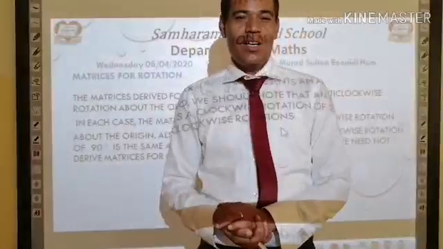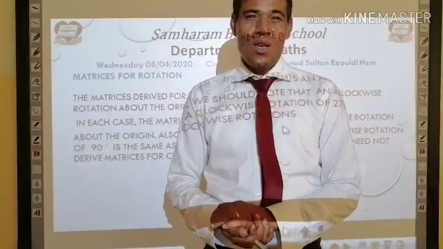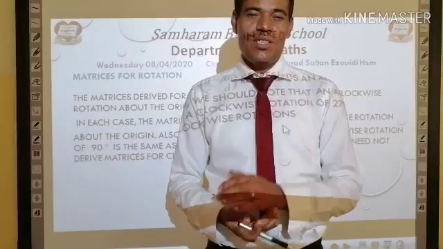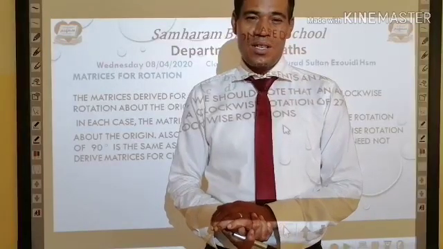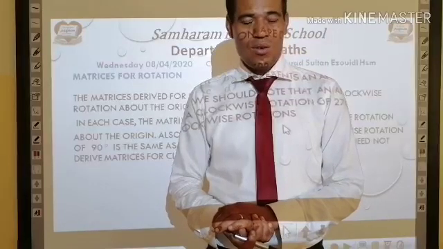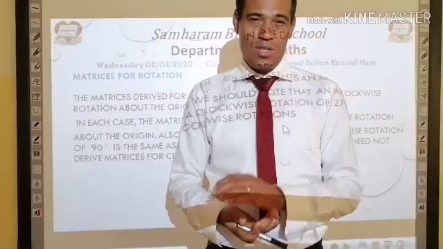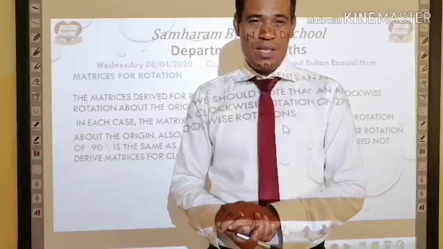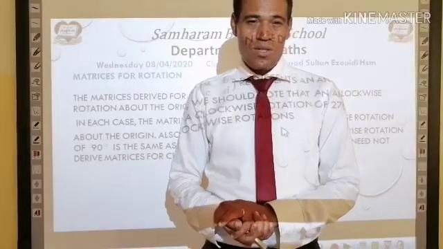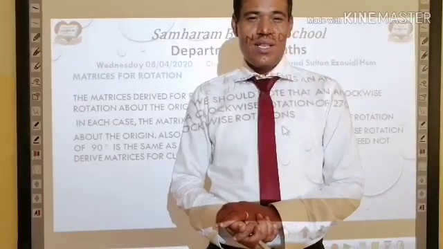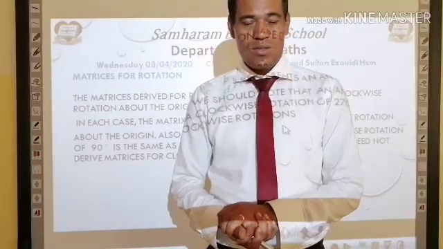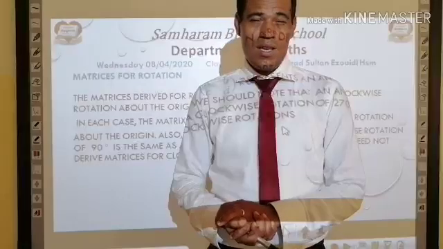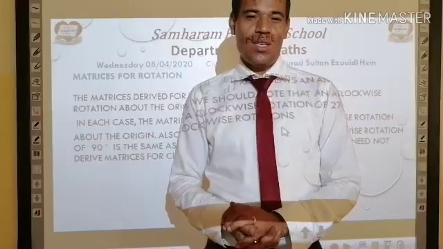Today we'll continue with rotating or transforming shapes using rotation of 90 degrees clockwise or anti-clockwise about the origin, then 180 degrees about the origin, and 270 degrees anti-clockwise about the origin. Then we move to enlargement.